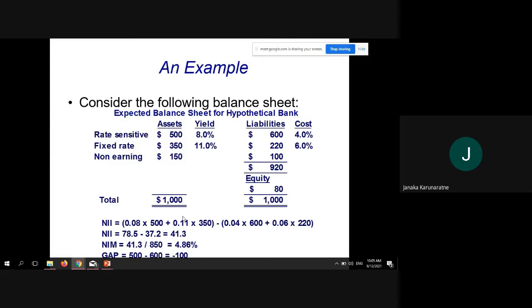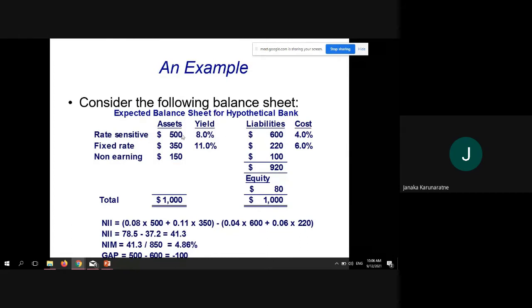And your margin is net interest income divided by the earning assets. Here the average earning assets are 850. So it's 4.86%. So the bank's net interest margin is 4.86%. And what is the gap?